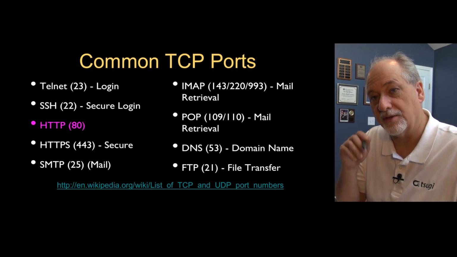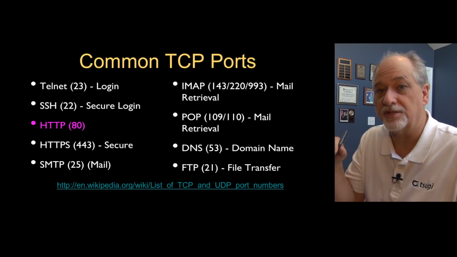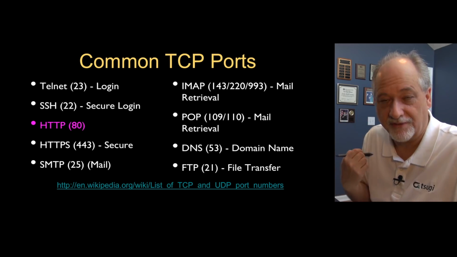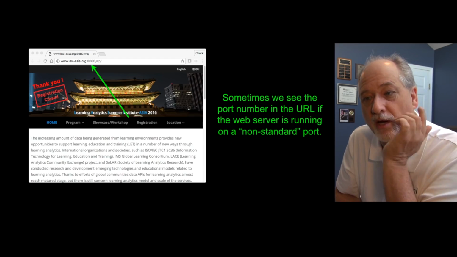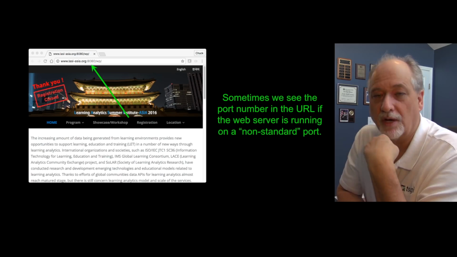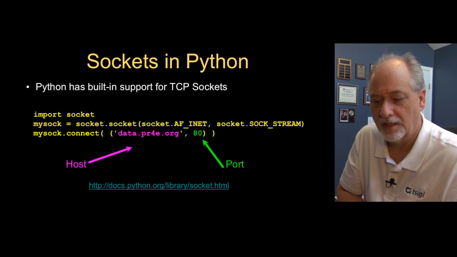These are the typical, commonly used default extensions for various network application processes that are serving us data. Now sometimes you'll go to a URL and you'll see a colon and a number in that URL. That means it's a web server that's running on a port other than the official 80 or 443 port.